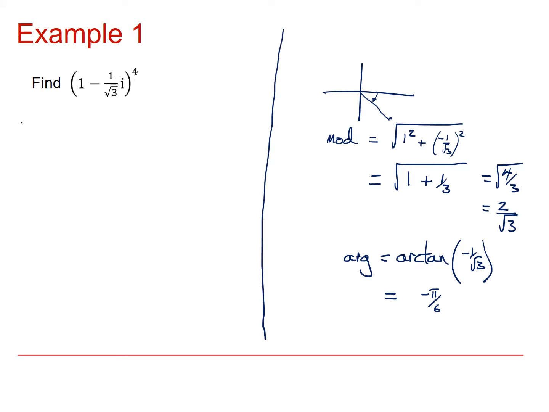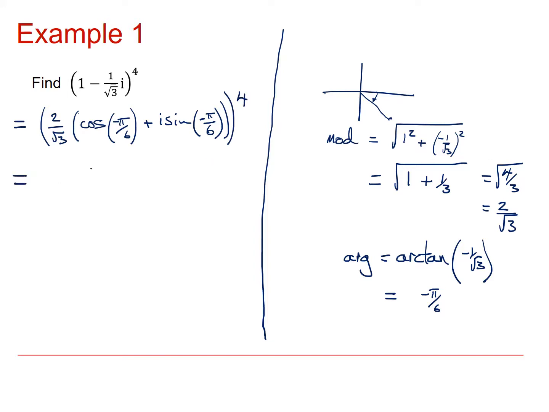So this thing is going to become 2 over root 3 times cos of minus pi by 6 plus i sine of minus pi by 6, and that's all to the power 4.